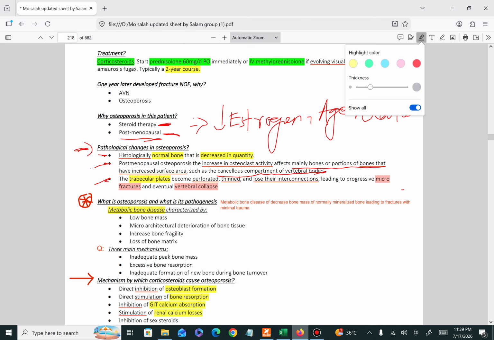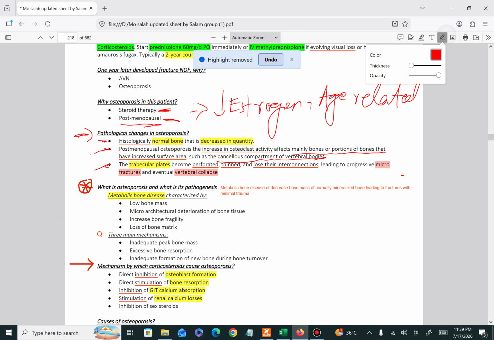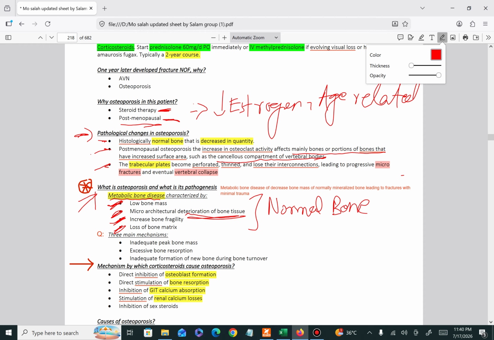Okay, so the next question is, what is osteoporosis and what is its pathogenesis? Osteoporosis is a metabolic bone disease characterized by low bone mass, microarchitectural deterioration of the bone tissue, increased bone fragility, and loss of bone matrix. But remember there is normal bone mineralization, with low bone mass.